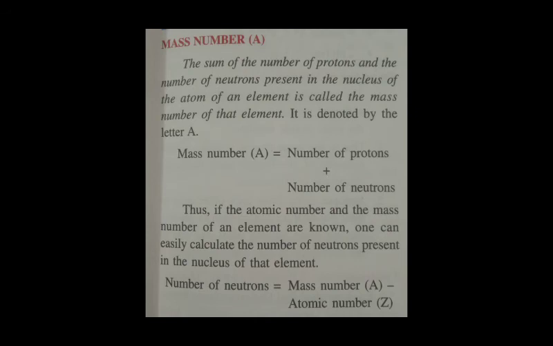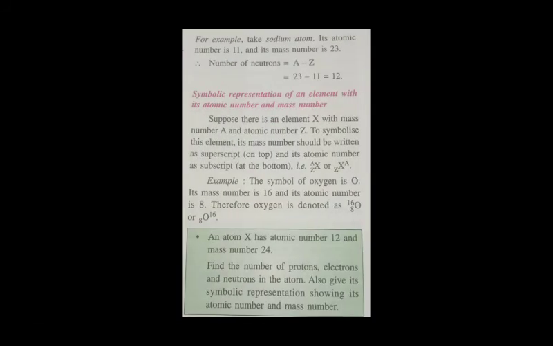And if we want the mass number, we'll add the number of protons and the number of neutrons. Suppose an atom contains 5 protons and 6 neutrons, so the mass number will be 5 plus 6, that is 11.